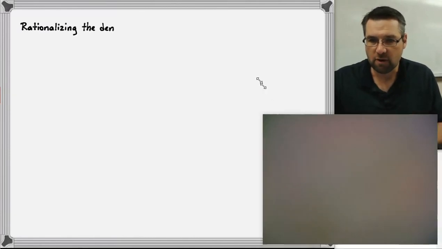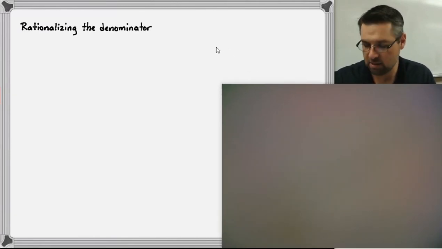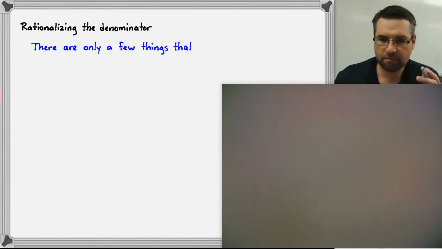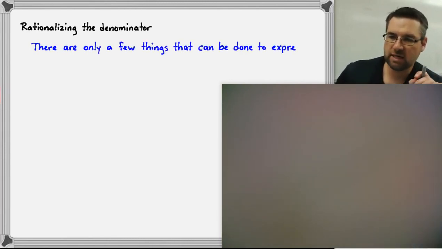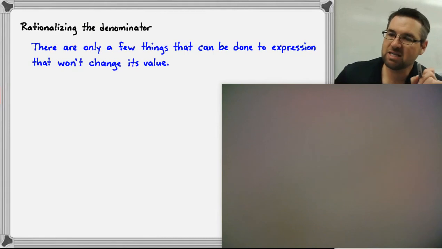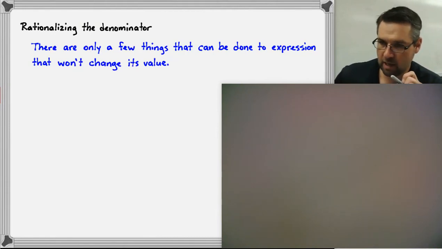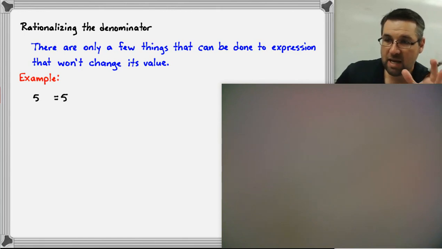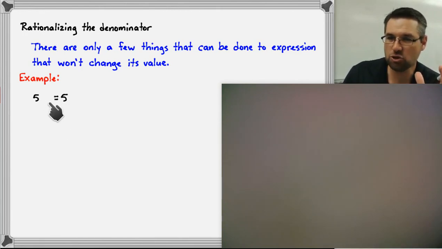So first of all, before we actually get into rationalizing the denominator, let's talk about something here. In math, there are only a few things that you can do to express or to change an expression so that it doesn't change its value. For example, if I have the number 5, how do I keep it equal to 5, but still do something with it?